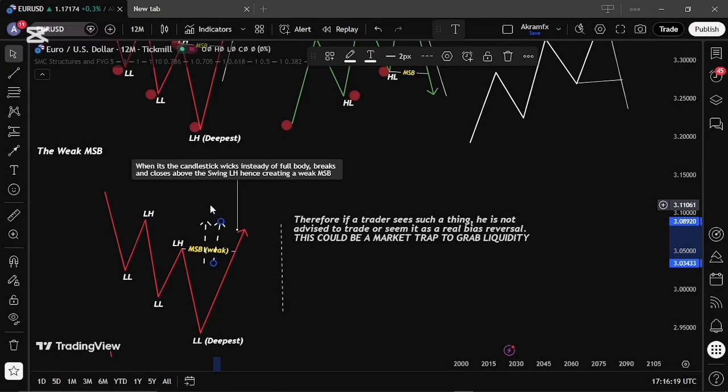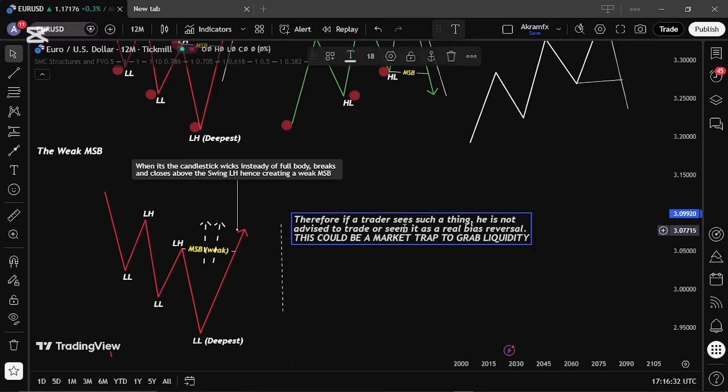When you see that it's only wicks breaking above, we know that this is not a strong market structure break. It's not advised to trade this or see it as a real bias reversal, because this could be a market trap to grab liquidity. We only want to see full-body candlesticks breaking the recent swing lows or swing highs.